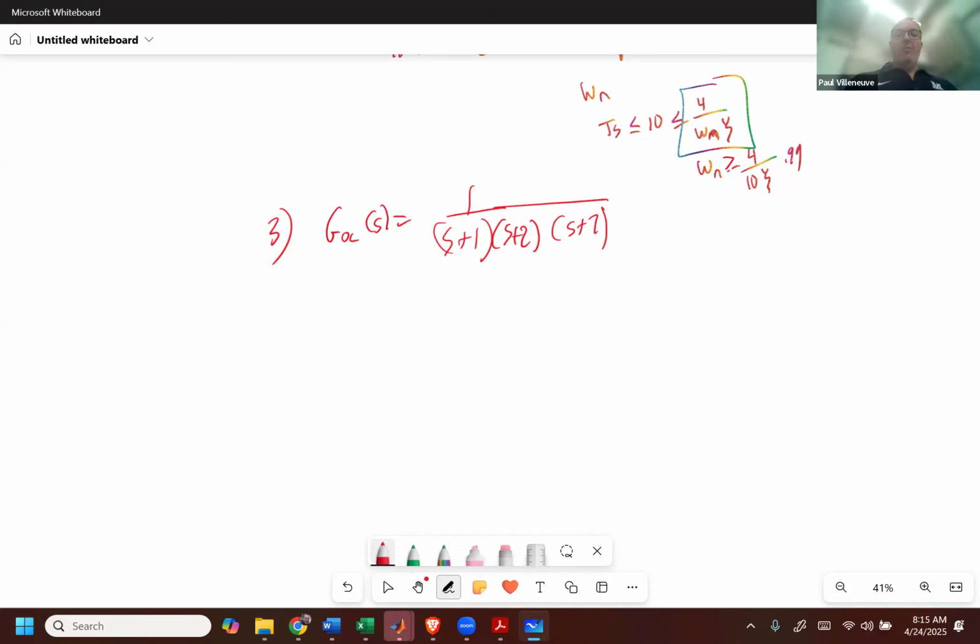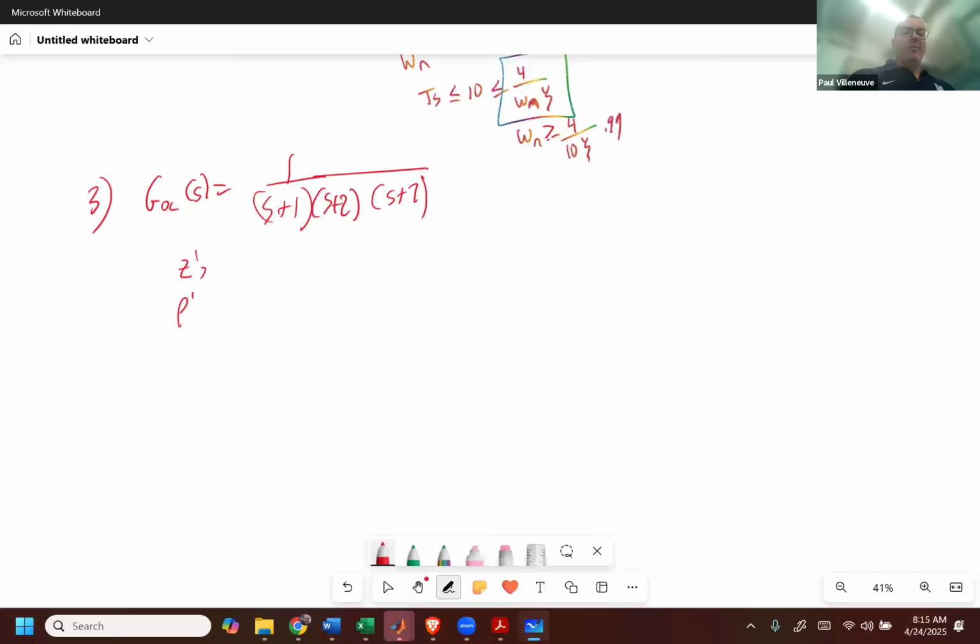Step 1 is our zeros and our poles. We don't have any finite zeros, but we do have -1, -2, and -7 for the finite poles, which means we have 3 zeros out at infinity.